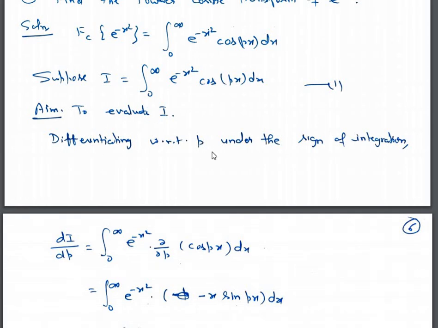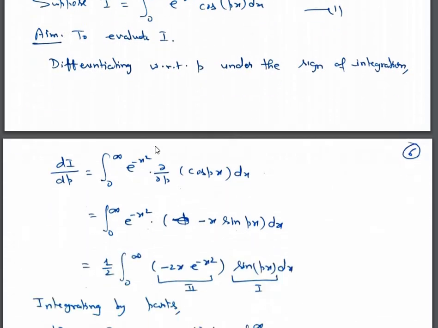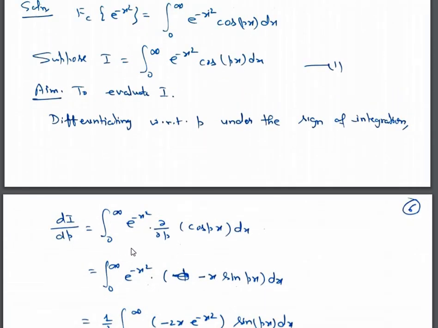So differentiating with respect to p under the sign of integration, dI upon dp is equal to integral 0 to infinity e to the power minus x square, partial derivative with respect to p of cos px dx. We can take this differential sign inside the integral because 0 and infinity are absolute constants.